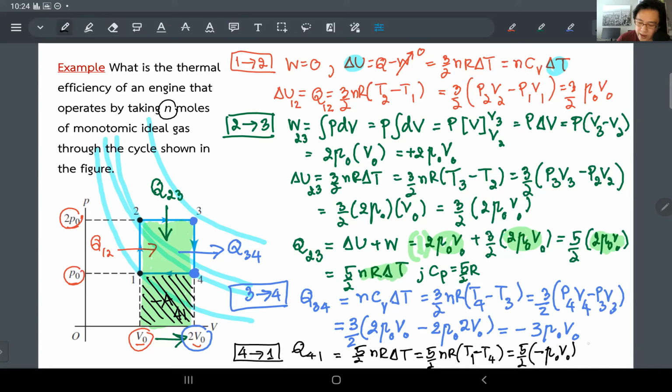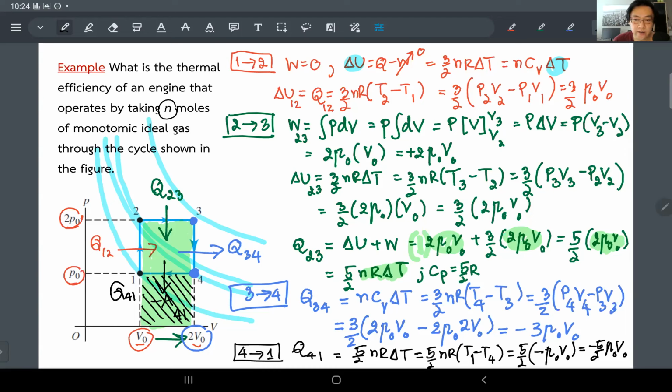Here we go, guys. So at the end it is a negative 5/2 P naught V naught. All right, it's hard to see, but that's at the bottom right corner over there. You can see now it's once again the heat is negative, so that means heat flows out. Let me put an arrow right there. And that is the Q41. Complete everything.